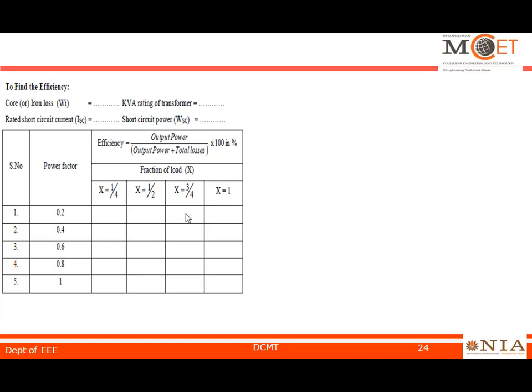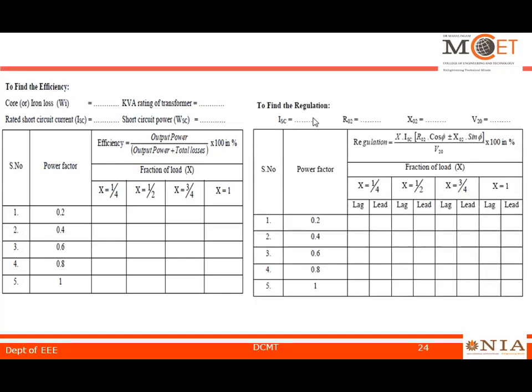The core loss W0 you have right here, the transformer is 1 kVA, the rated secondary current is 4.34 amperes, and the short circuit power is the full load copper loss. From this you can find the efficiency of this transformer, as in the previous problem, and tabulate it here.